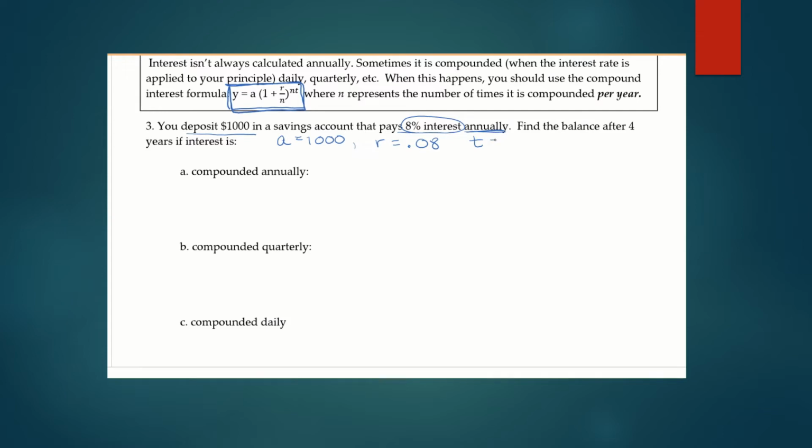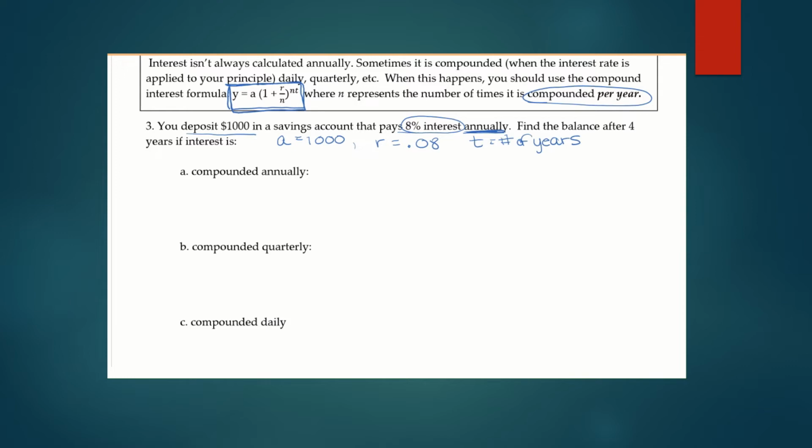Our T represents number of years because, as it says up here, it's compounded per year, and here it says 8% annually. Okay. All right, so we're going to find the balance after 4 years if the interest is compounded annually first.